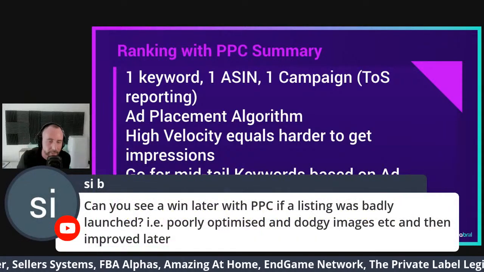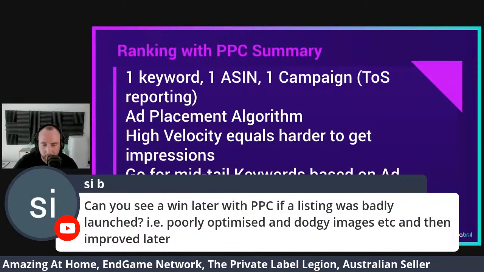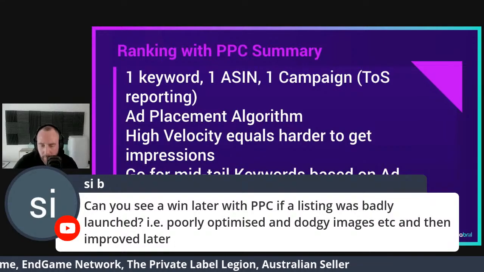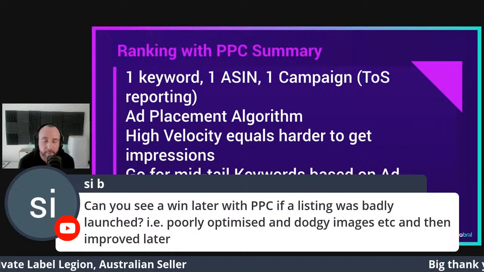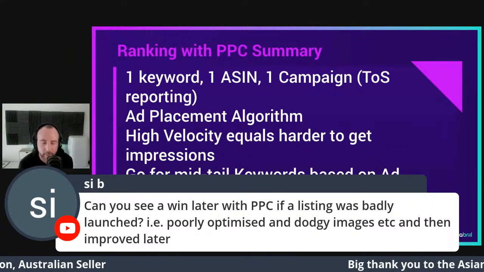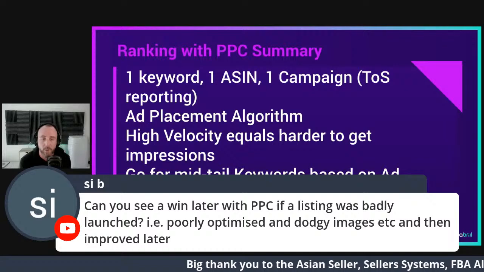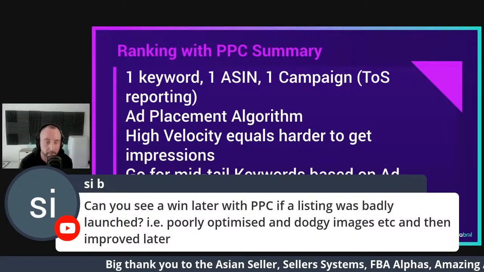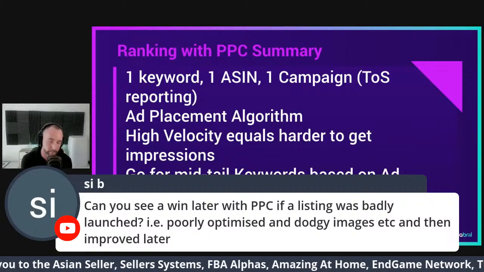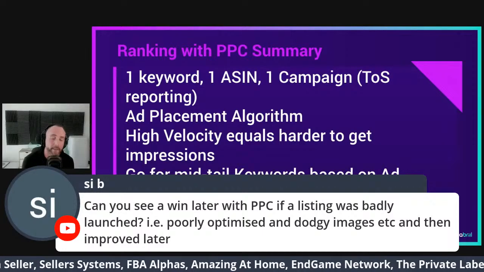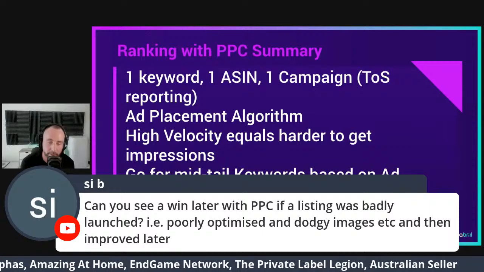Okay, so let me have a look. Another question here. Can you see a win later with PPC if a listing was badly launched, i.e. poorly optimized with dodgy images, and then improve later? Well, if you look at the campaign history, if you come out of the gate with a shoddy-looking listing and you could have converted better, say it converts at 5%, but a highly optimized listing converts at 20%, then that campaign history is going to have an impact going forward once you do optimize the listing.